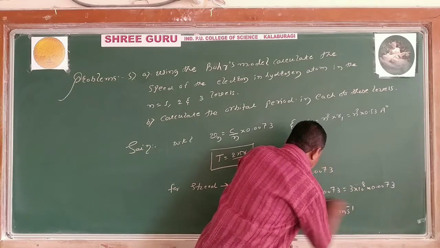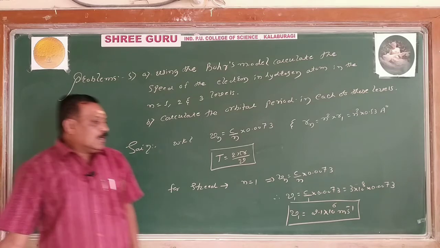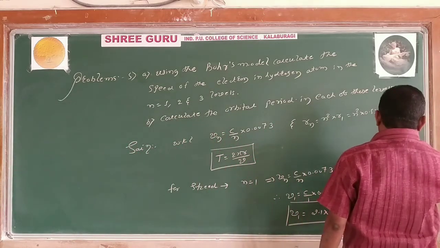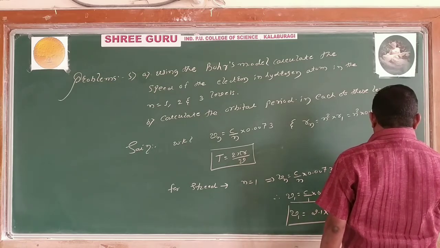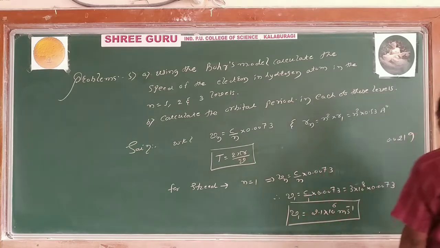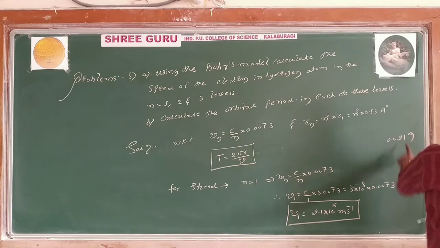Look at the whole equation here: multiply by 3, 3 9s are 9, 3 7s are 21, 2 zeros, total 0.021, 9 into 10 to the power of 8, shift 2 places, 6.